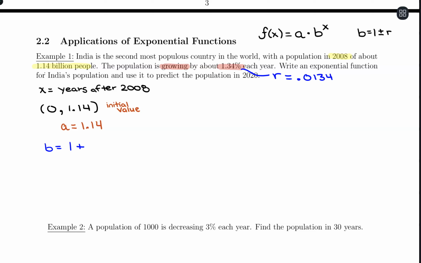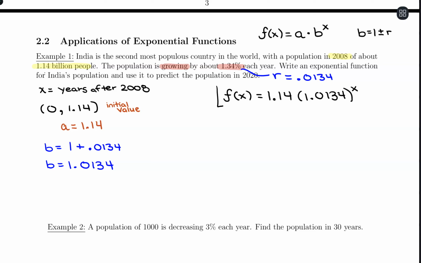So b is going to be equal to 1 plus 0.0134, so b is going to be 1.0134. So our function, measuring the population in terms of years after 2008, uses an initial value 1.14 and then times 1.0134 to the power of x.